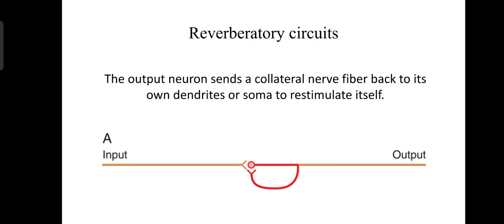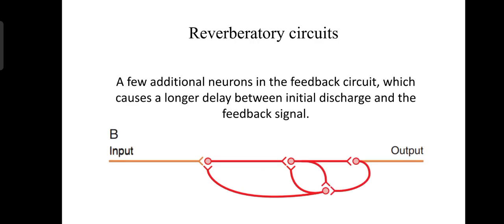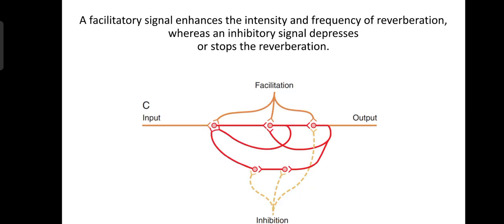Here is a collateral from this output neuron to the same input neuron as a reverberatory circuit, a simple one. This is a more complex reverberatory circuit. This is even more complex, with many other neurons and factors playing a role, whether there will be a facilitation or inhibition or none of them.